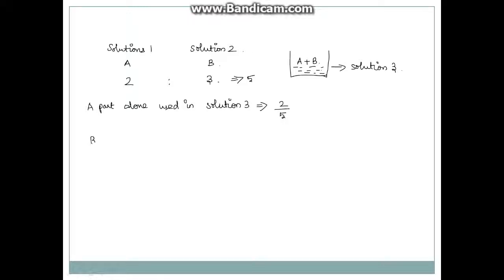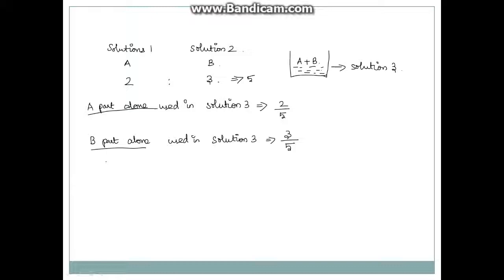Likewise, for the B part alone used in solution 3, out of the 5 parts I am using 3 parts. So this is the way to calculate the A part alone and the B part alone.